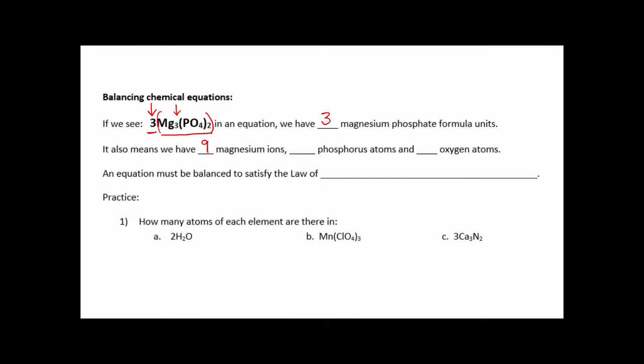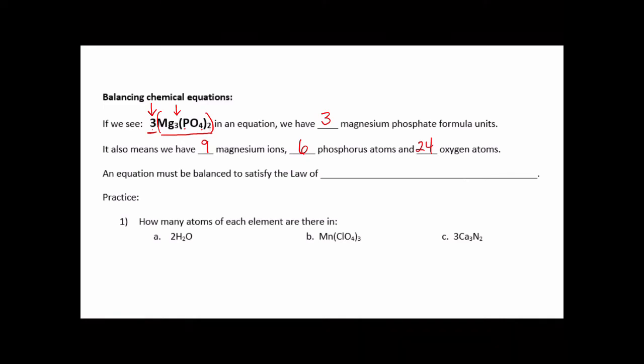Then as far as phosphorus atoms go, well, this 2 out here on the outside of the parentheses means that I have 2 phosphates. And so that means that I have 2 phosphorus atoms. But again, we have to multiply that by the coefficient out in front. So we have 6 phosphorus atoms. Now, oxygen we really have a lot of because we have 4 times 2 with the subscripts, which is 8, times 3 from the coefficient. 8 times 3 is 24 oxygen atoms.